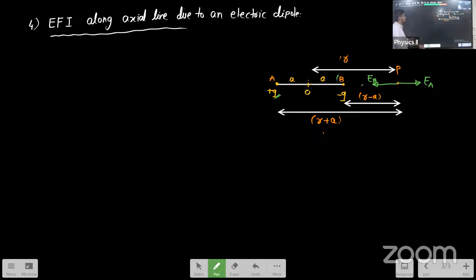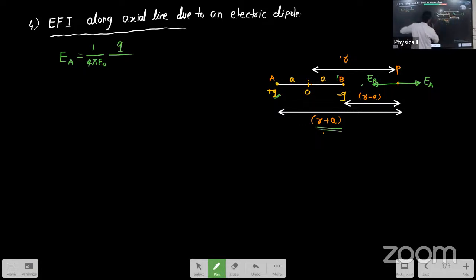Now everyone see here. Now we are going to derive the expression. So I can write electric field due to charge at point A can be written as, what is the formula? 1 by 4 pi epsilon naught, Q divided by r square. So what is the distance from A to point P?